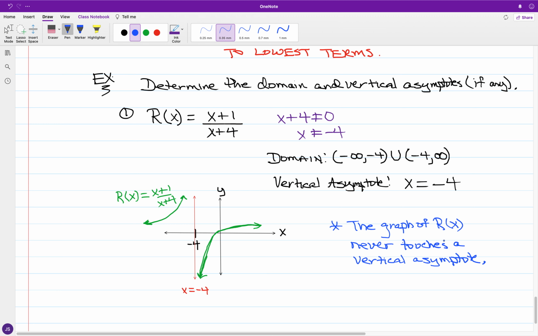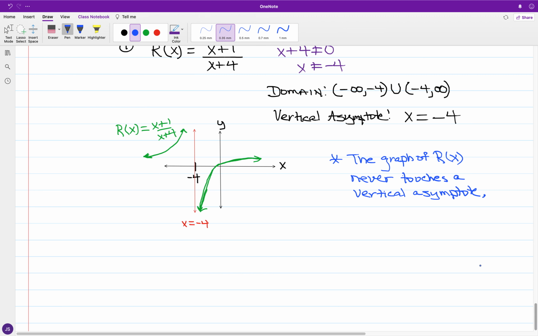Okay, so this function r of x is already in simplest form. Now let's say we have a case where the simplest form is going to be stressed.